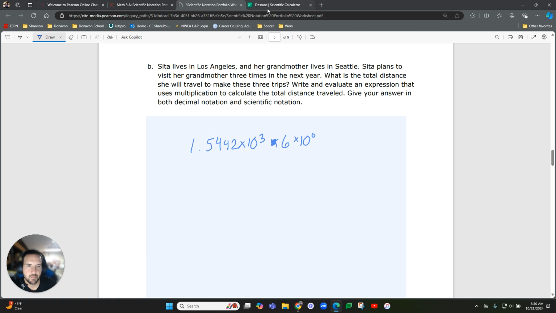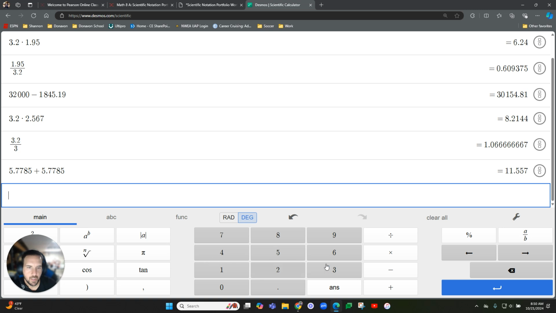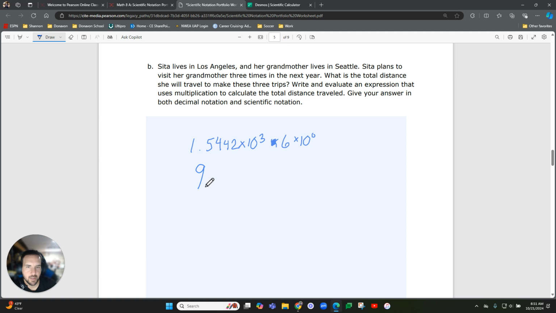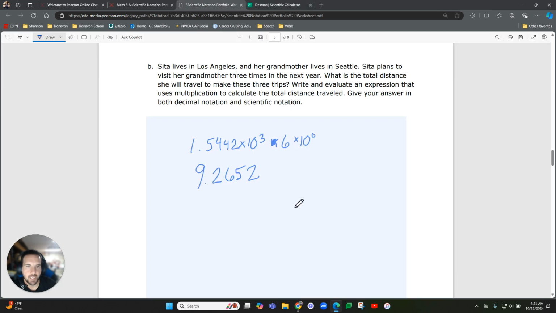So 6 times 1.5442 is 9.2652. I hope I got that right. 2652, yep. And then we add the exponents. So 3 plus 0 is 3. So 10 to the 3rd miles.